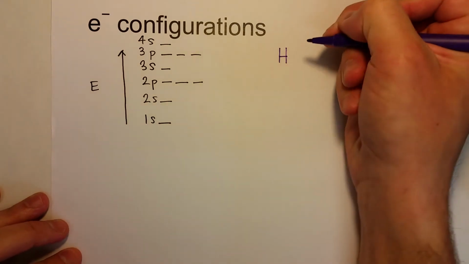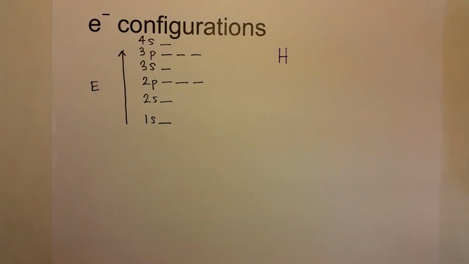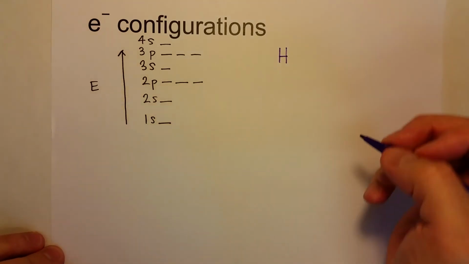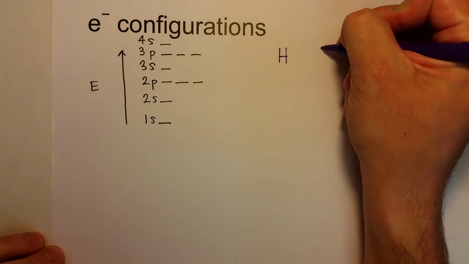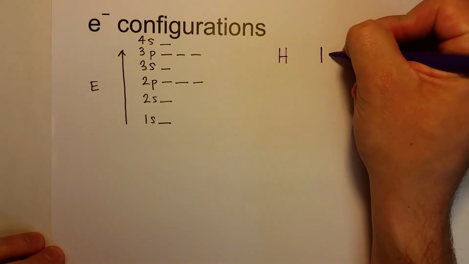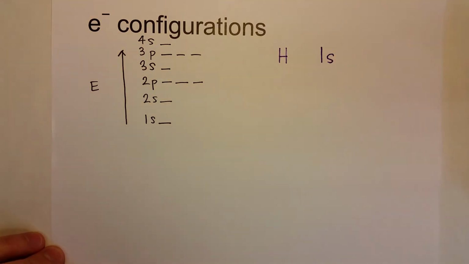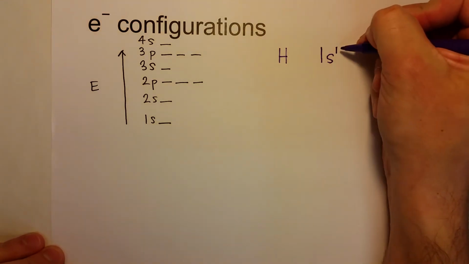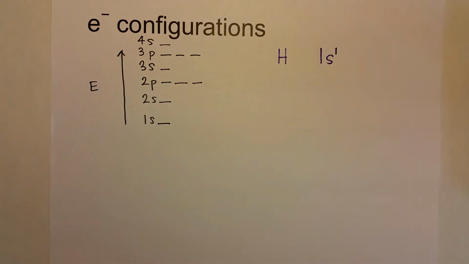The first one is pretty easy. Hydrogen has 1 electron, and it's going to go into the 1s orbital. So how we write electron configurations is we write the energy level as its integer value, and then we show how many electrons are in the sublevel by writing down the letter designation for the orbitals, and then as a right superscript, show how many electrons are in that orbital.